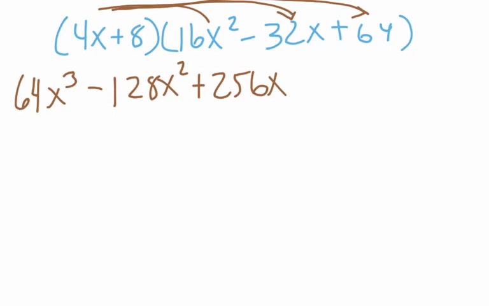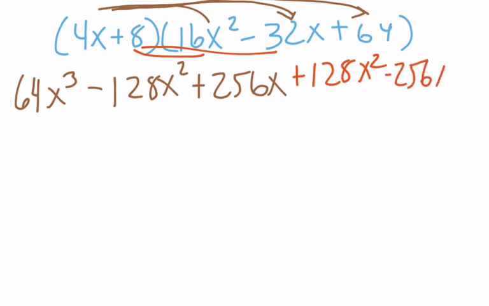On the inside, 8 times 16x squared is a positive 128x squared. 8 times negative 32 is negative 256x. And 8 times 64 is 512.